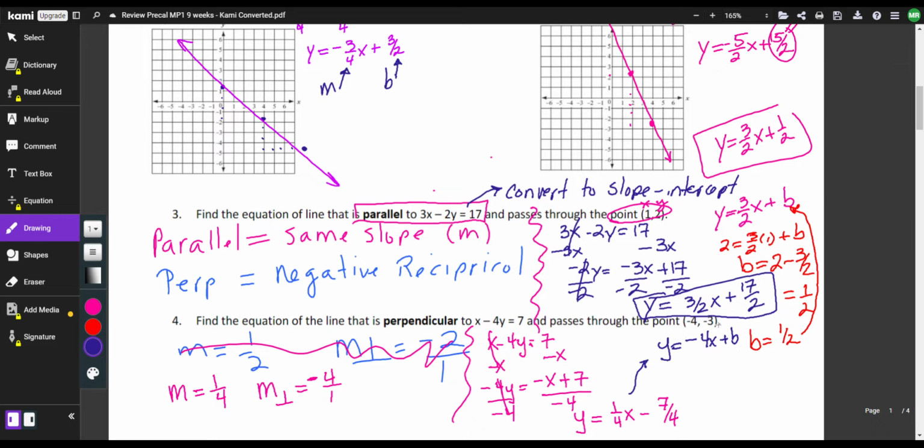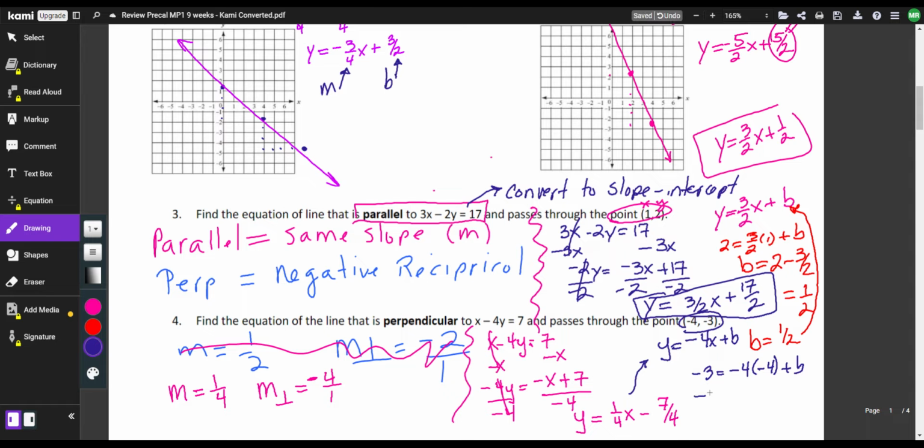Now, we are given the point right here. So what we can do is say negative 3 equals negative 4 times negative 4 plus b. Solve for b.